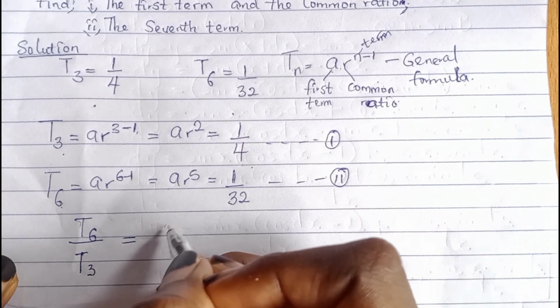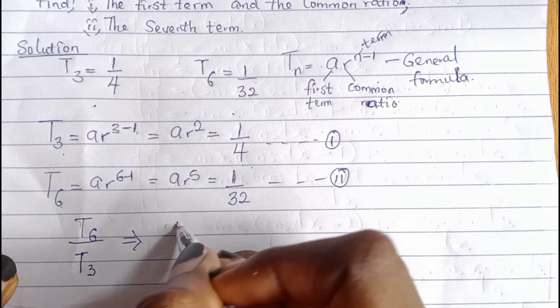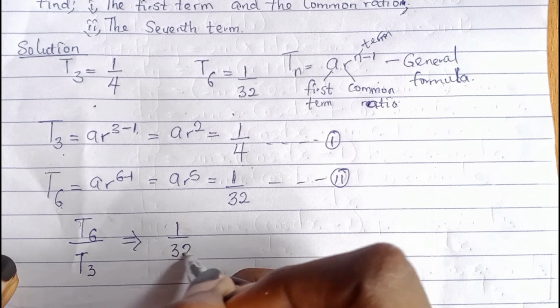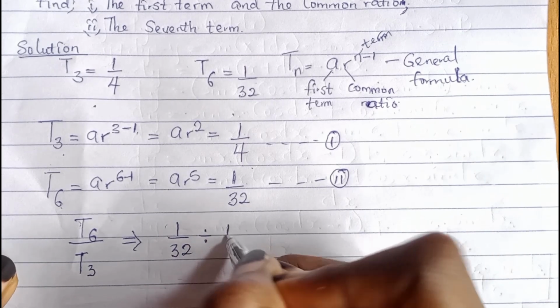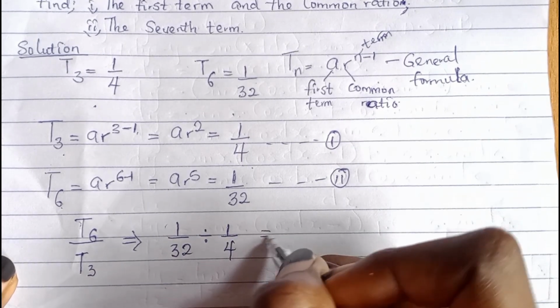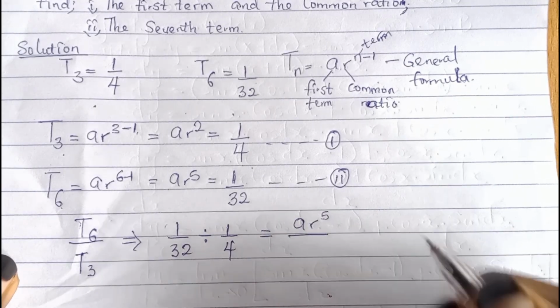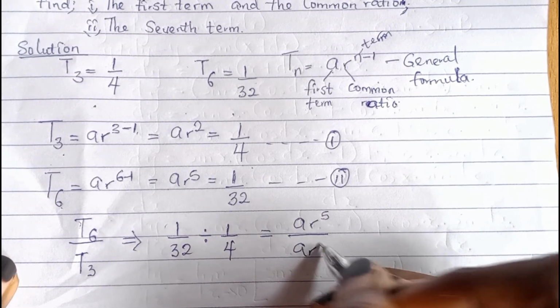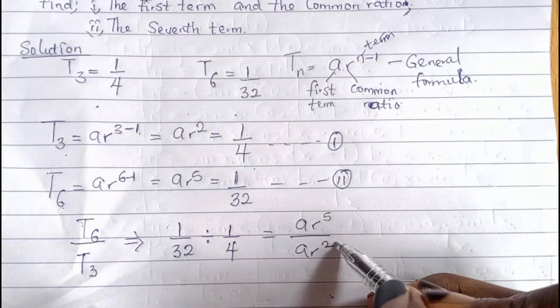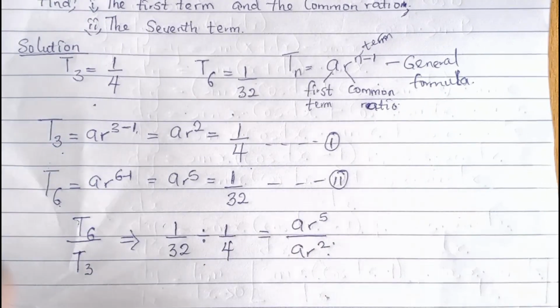That will be 1/32 divided by 1/4 equals AR raised to power 5 divided by AR raised to power 2. I just express it like this so it's easier for us to simplify.